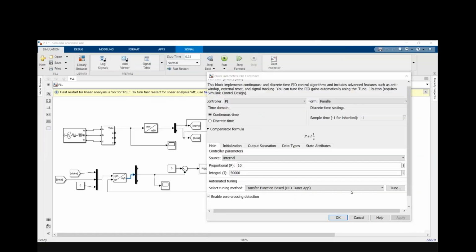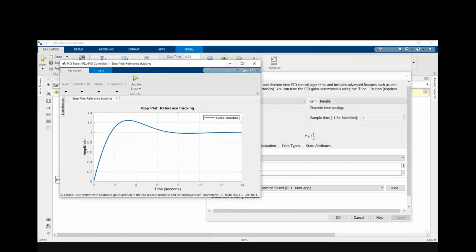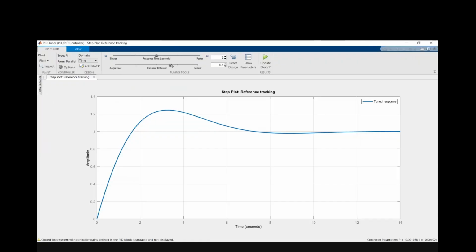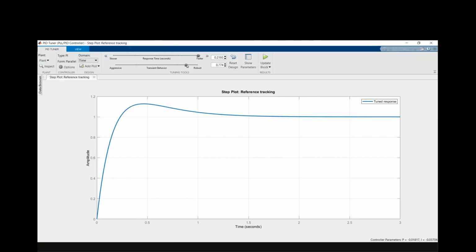So if you tune it, this is your response. If you want faster, it's not going to vary much because it's just a basic integrator now with some value. So there won't be much abrupt change there.